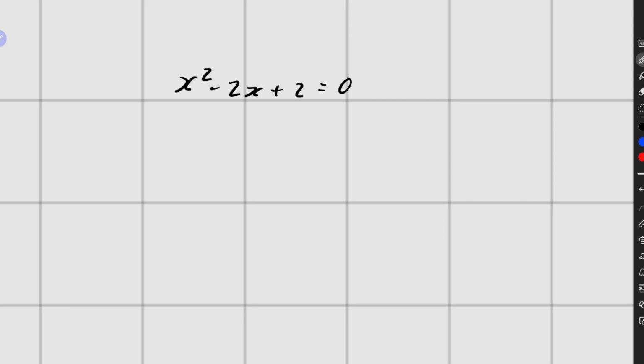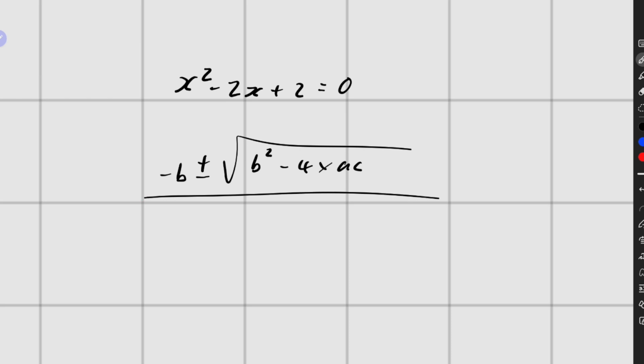Alright, so you have this quadratic. So what do you know about quadratics? If you know anything about the quadratic formula, you get -b plus or minus the square root of b squared minus 4ac, all over 2a. And with your basic quadratic, your x squared, its coefficient is going to be a.